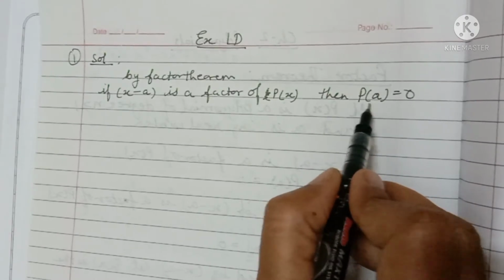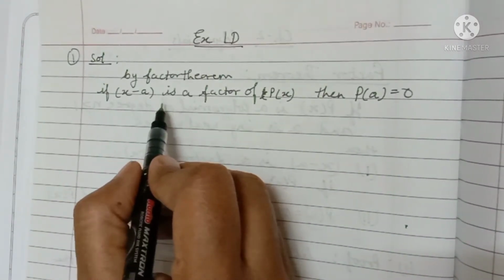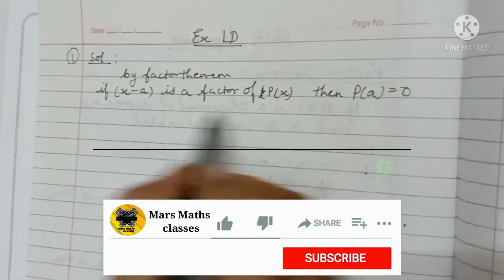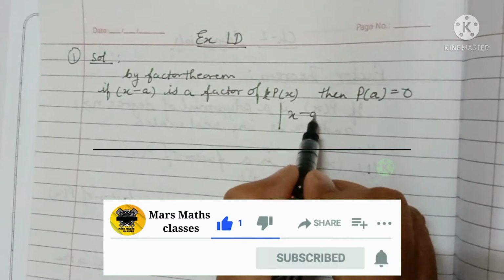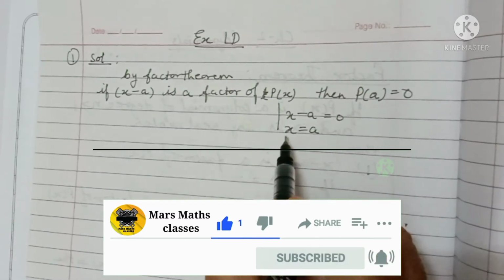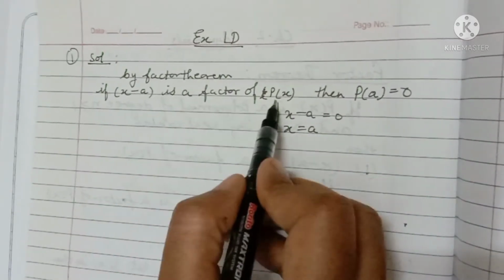How to get P(a)? When you substitute x minus a is equal to 0, then x is equal to a. Here I am showing x minus a is equal to 0 and x is equal to a, and you substitute the value in the polynomial.